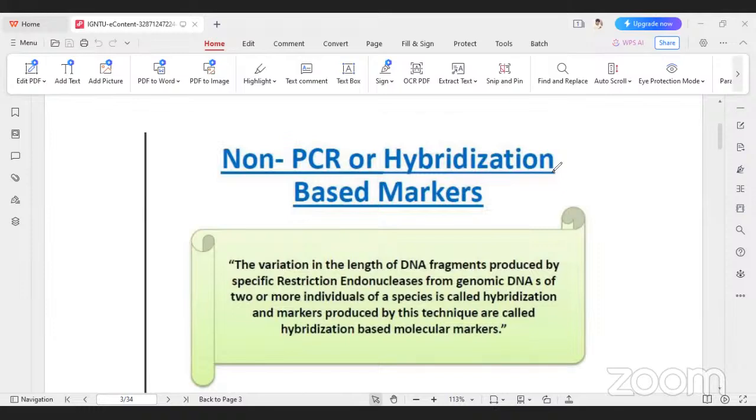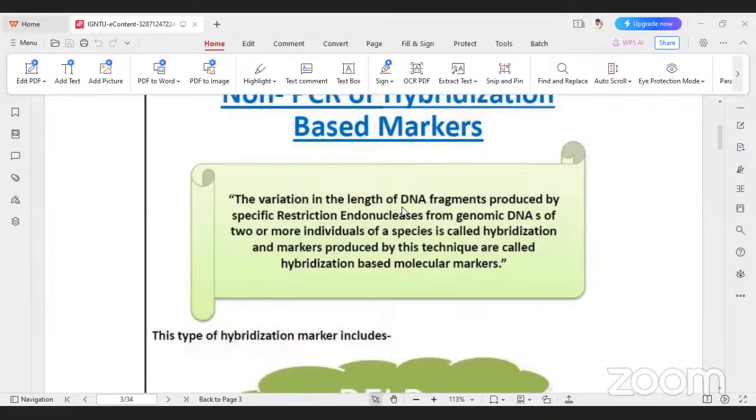So, non-PCR or hybridization, both are the same. Now let's see non-PCR hybridization-based molecular markers. The variation in length of DNA fragments produced by a specific restriction endonuclease from the genomic DNAs of two or more individuals is called hybridization, and the markers produced by the technique are called hybridization-based molecular markers.